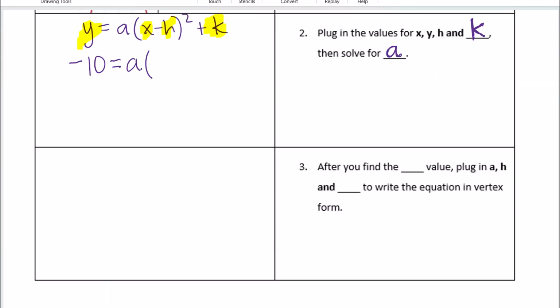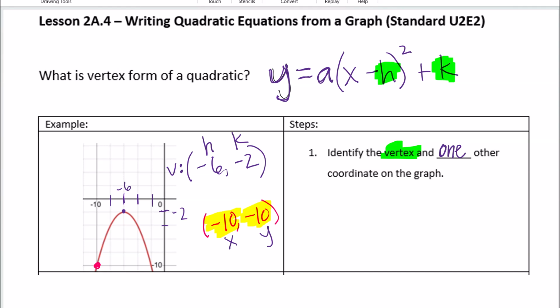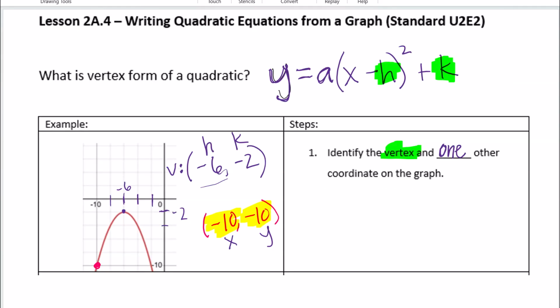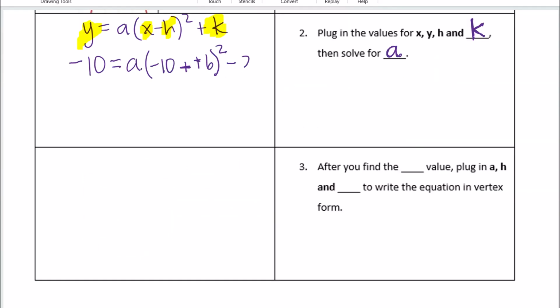Now I'm going to plug in the x coordinate, which is also negative 10, minus, then our h value is negative 6, so it'll be minus a negative 6 squared, which subtracting a negative is the same thing as adding, so we're just going to change that to plus. And then our last value that we plugged in was k, which is negative 2, so minus 2.